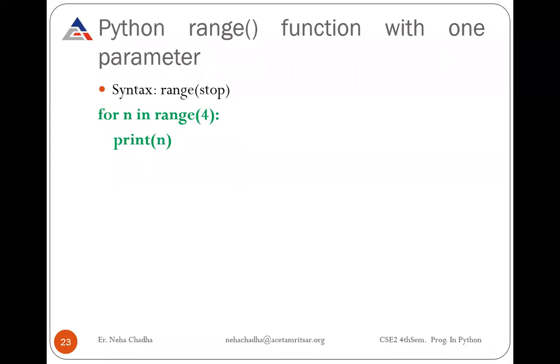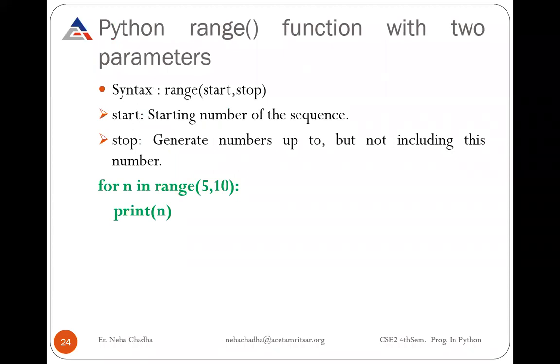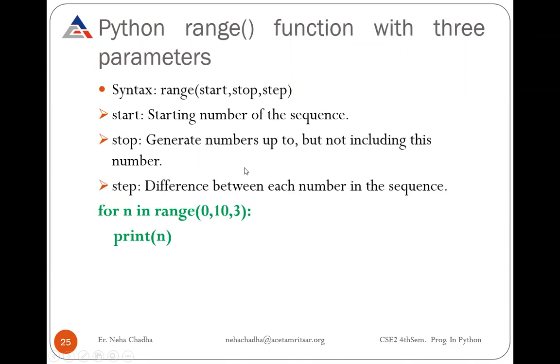Okay, this is the example: range with a single parameter; range with start and stop, where start is the starting number of the sequence and stop generates up to but not including this number; and the Python range function with 3 parameters, start, stop, and step.